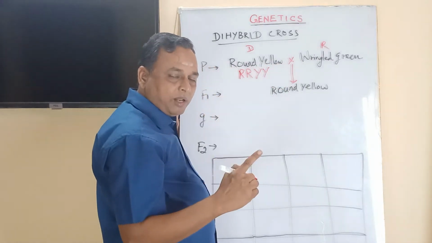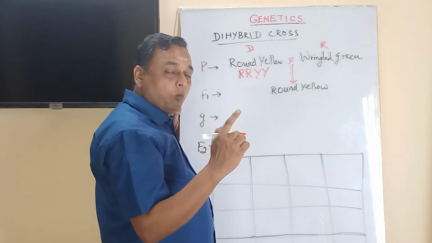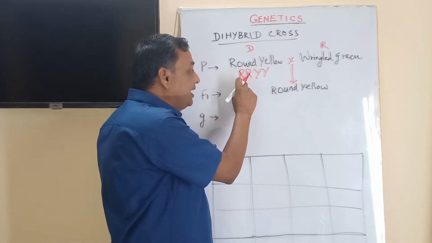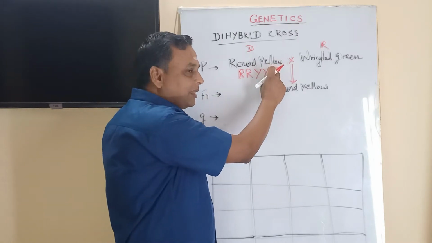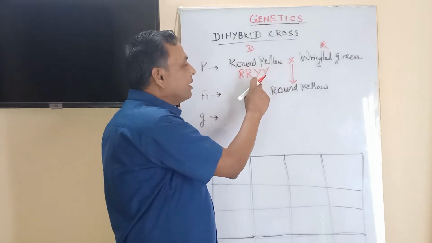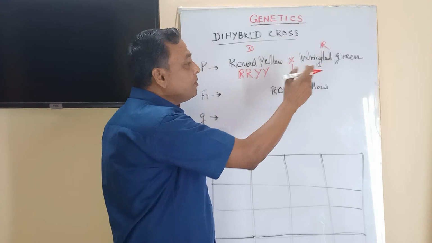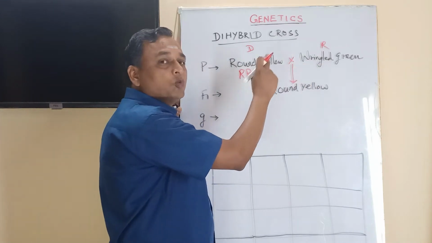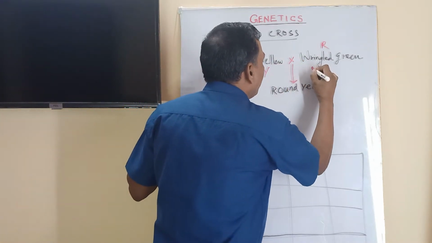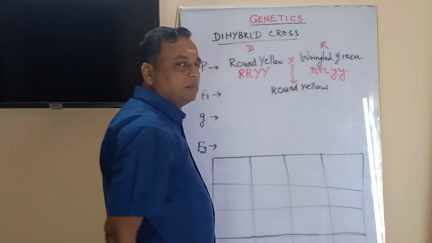Round is one trait, one trait is controlled by one gene, and one gene has two alleles. Yellow is another dominant trait, so it is referred to by capital Y, capital Y. For recessive, we use the same letter in small letter: small r, small r, small y, small y.